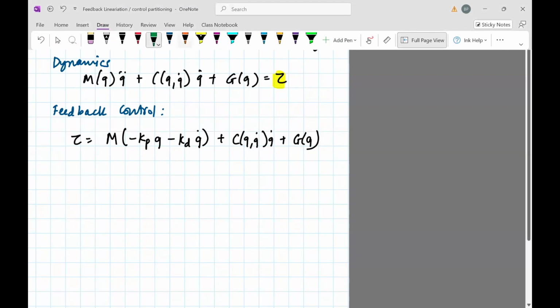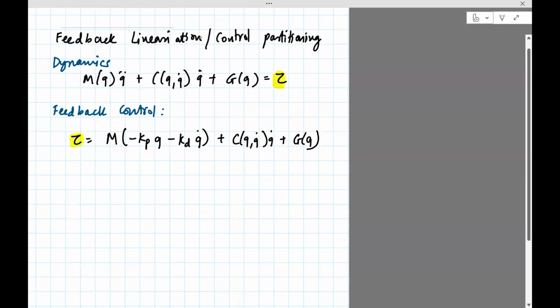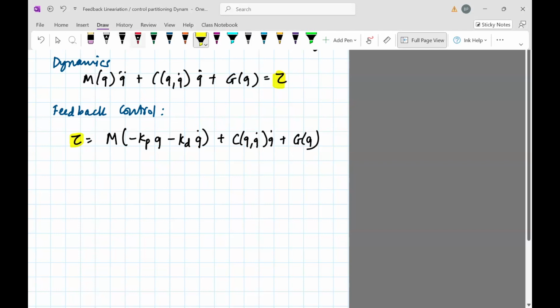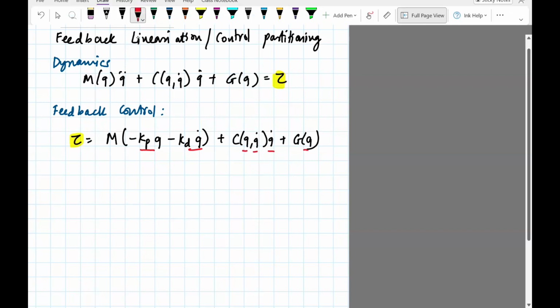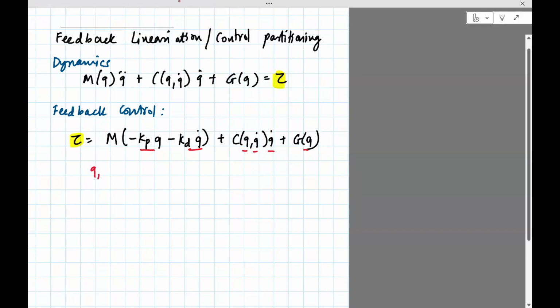Okay, so this is the tau, and then it is a feedback form because you're feeding back Q. In fact, you also need Q dot. So what we assume here is Q dot, Q is positions, Q dot is velocities, are measured by onboard sensors. Okay. So you just have the measurements.